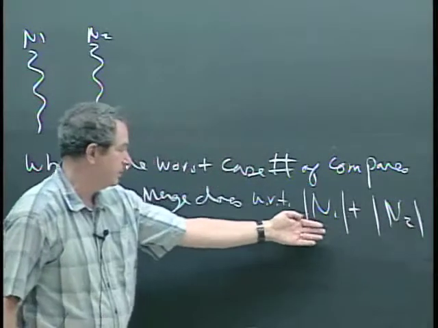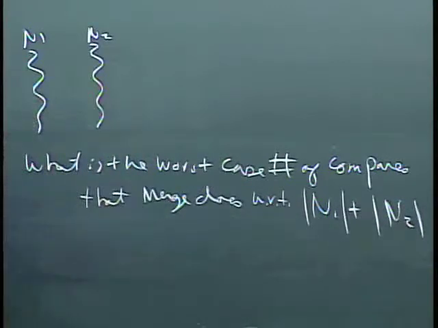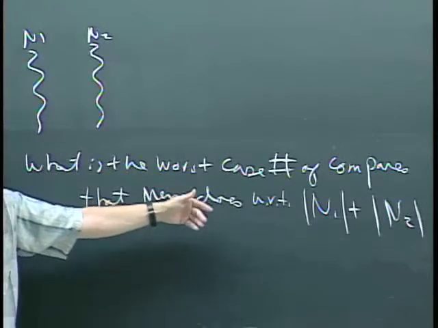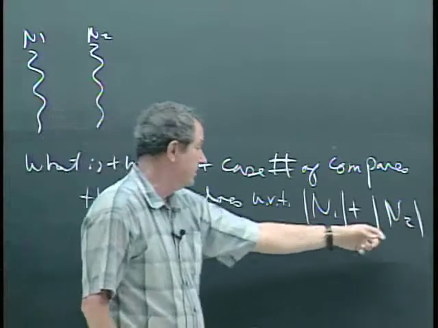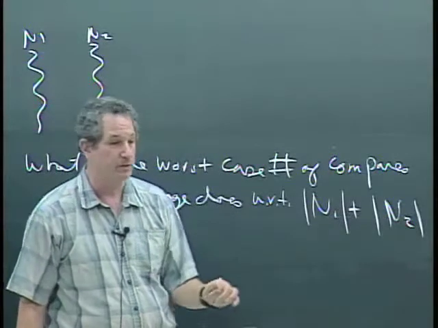So the number of elements in N1 plus the number of elements in N2. And I think that's where we left last time. What's the worst case number of comparisons that this procedure merge does when you have two ordered lists that have these number of elements? And what's the answer?